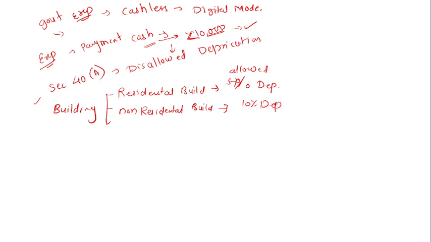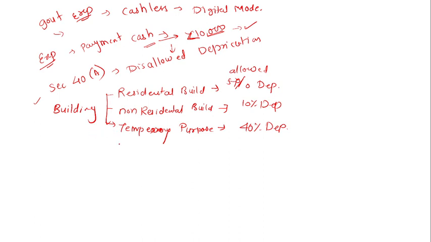And in case of temporary purpose, if you are using some building for a temporary purpose, we use 40% depreciation. So what is the temporary purpose?